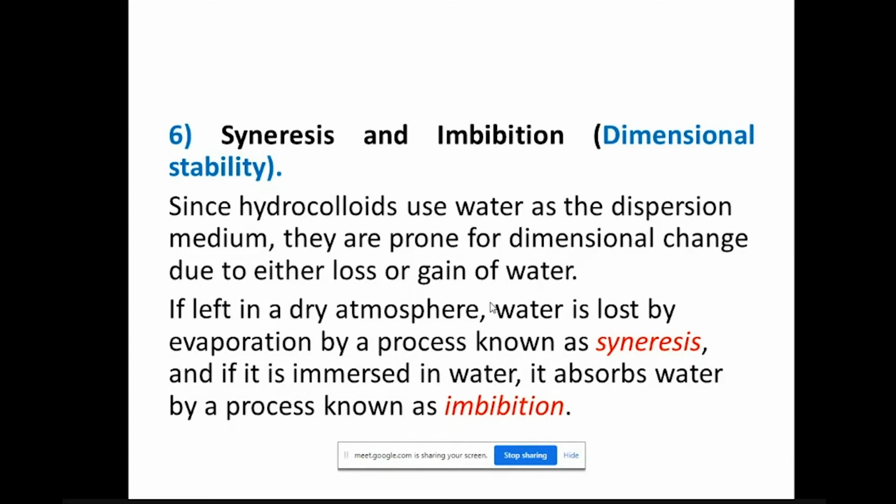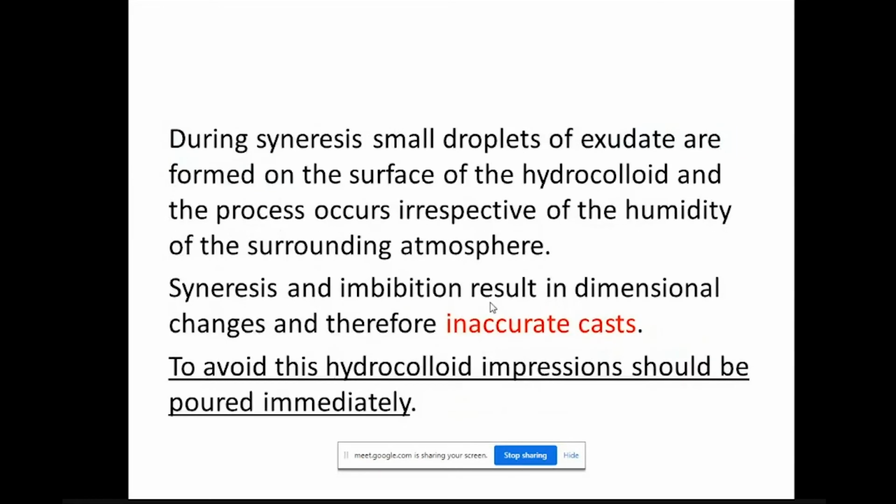This term we call imbibition. Both of them have a bad effect on the quality of the impression and affect the dimensional change. How do you avoid this phenomenon? You must pour the impression immediately after removing it from the mouth.